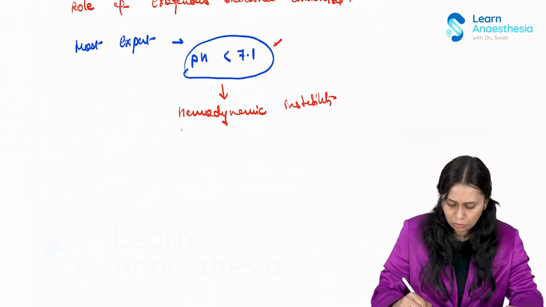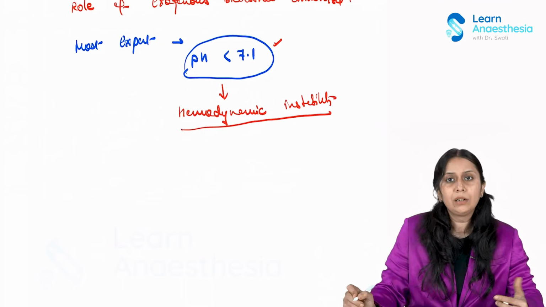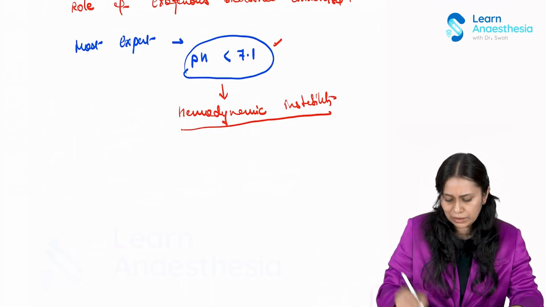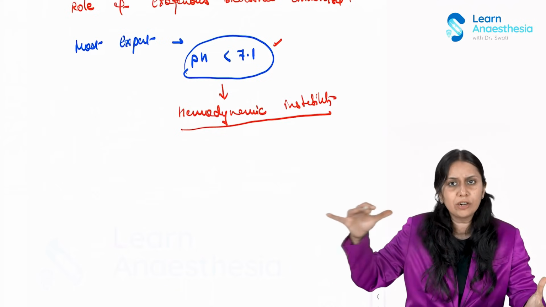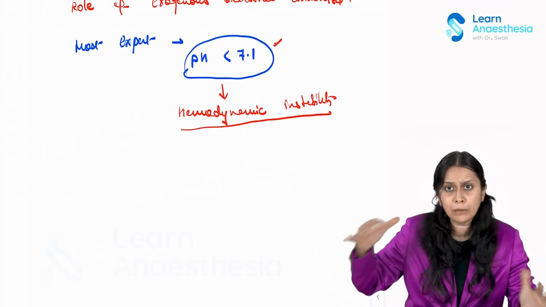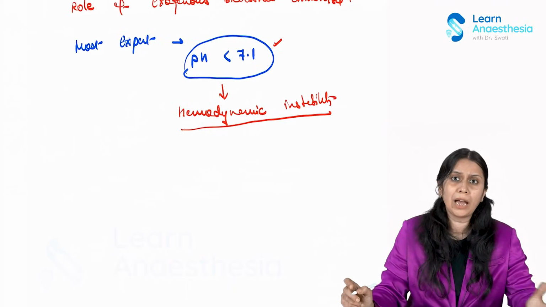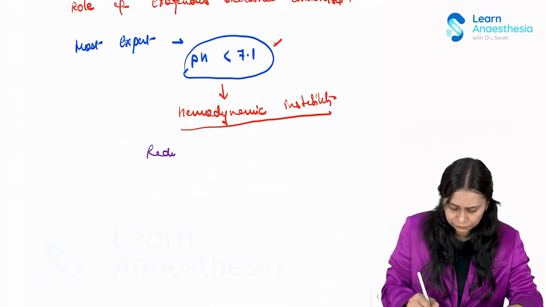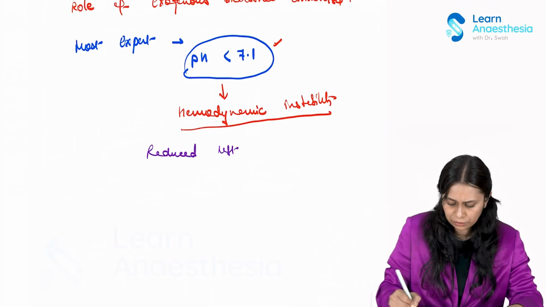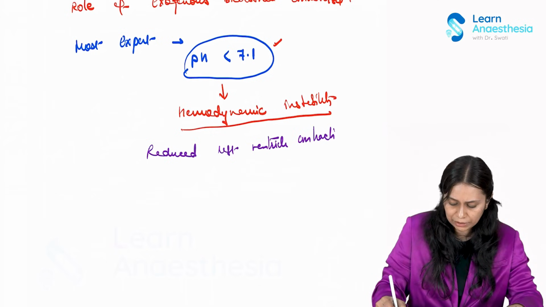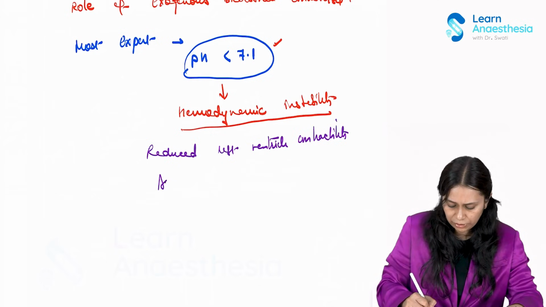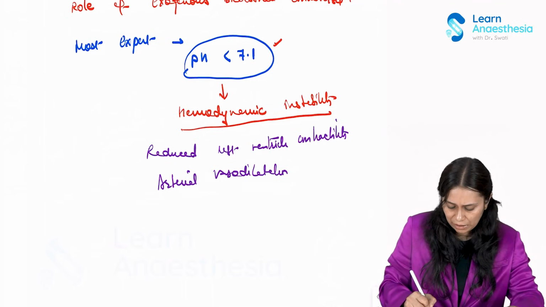So, what is causing the hemodynamic instability? The pH less than 7.1 causes reduced left ventricular contractility, systemic vasodilatation, and impaired effect of the inotropes. So, reduced left ventricle contractility, arterial vasodilatation, and impaired responsiveness to catecholamine.